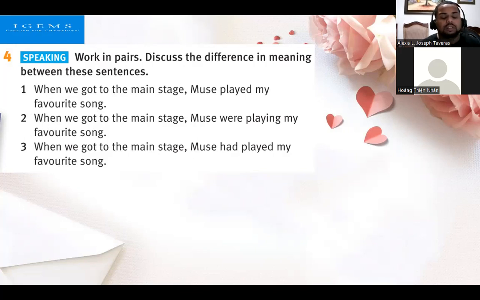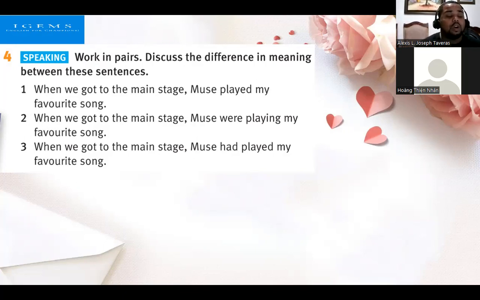The thing is that in the past simple, the action just stopped, forever or just for the moment. In the past continuous, or past progressive, the action was in the past but was still being executed, was taking place.